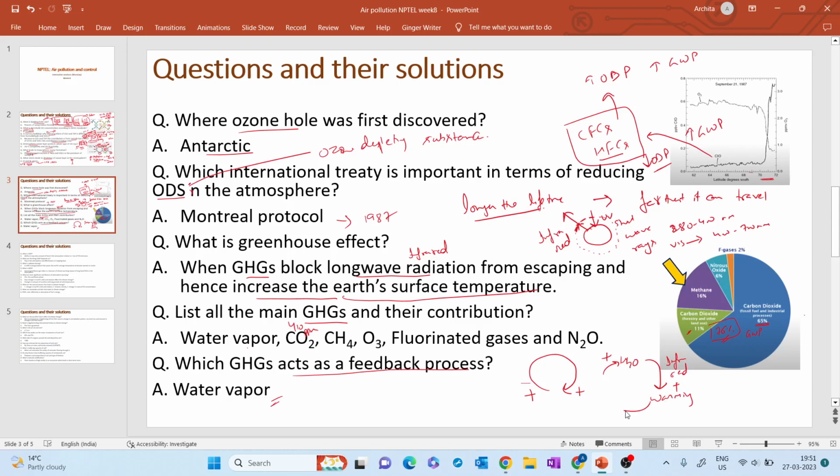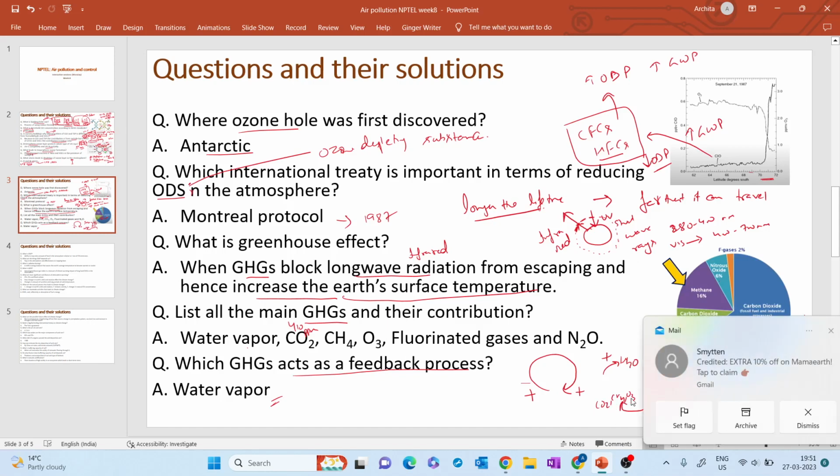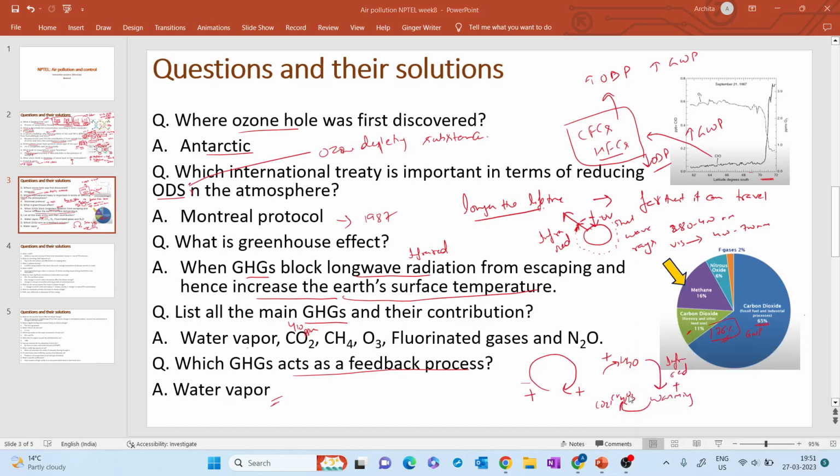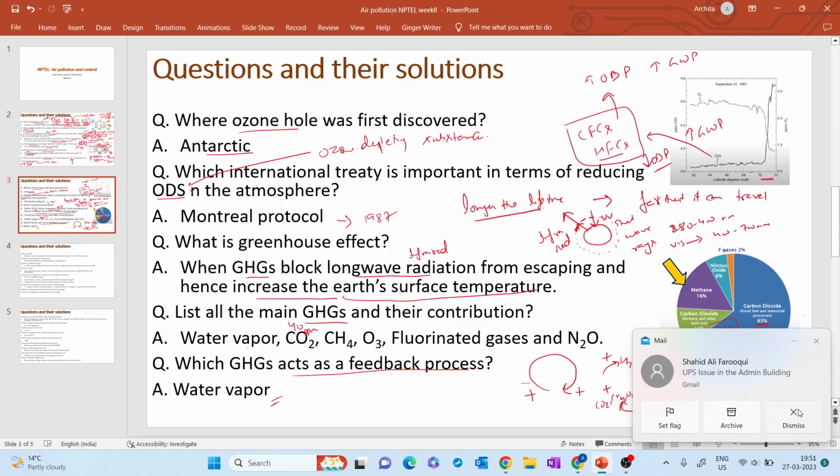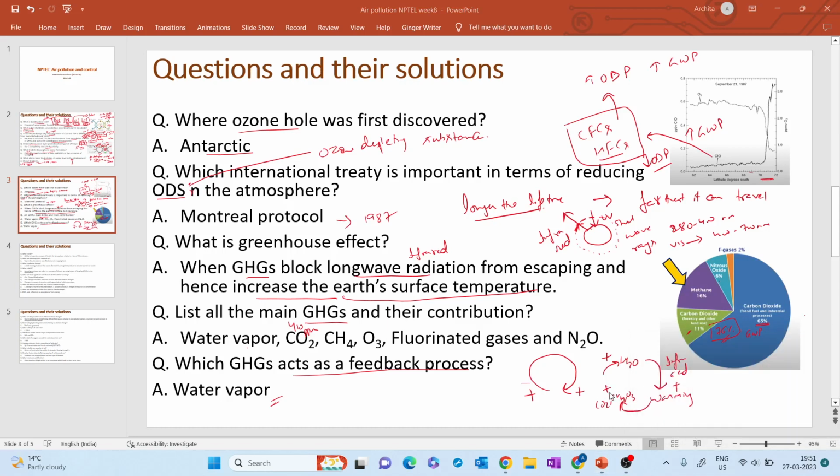And this warming further enhances the other greenhouse gases, which is CO2, CH4, and ozone and N2O. So this warming of the atmosphere further enhances the production of CO2, methane, and ozone, and hence it's a positive feedback loop.